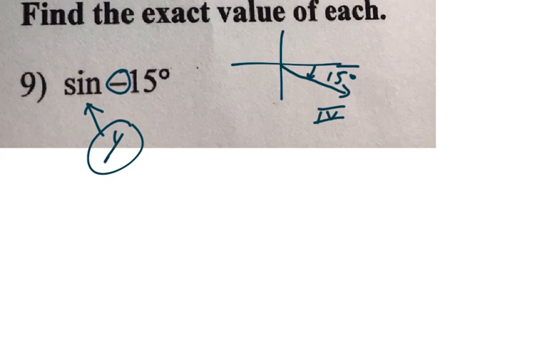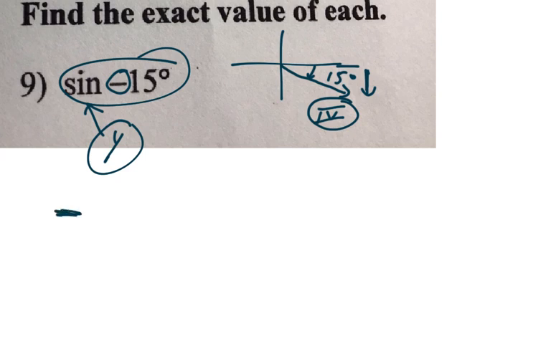Because sine is our y coordinate, in quadrant 4 we'll be going in a downward direction to get there. For y, that means this is going to be a negative of sine of +15. So that's our strategy. We're going to do sine of 15, ignore the negative to begin with, but we have to understand that negative will kick in at the end.